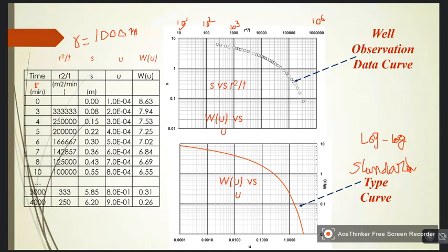Now we have the S values straight away. So now we plot them, R square by T on x-axis, and S on y-axis.